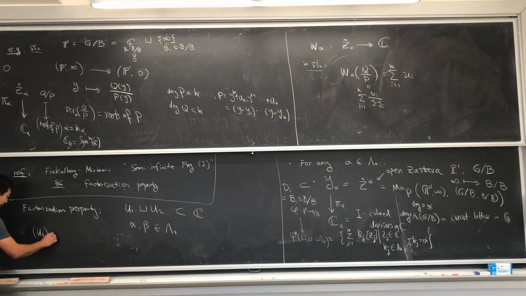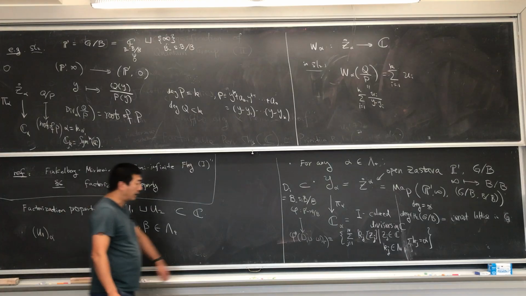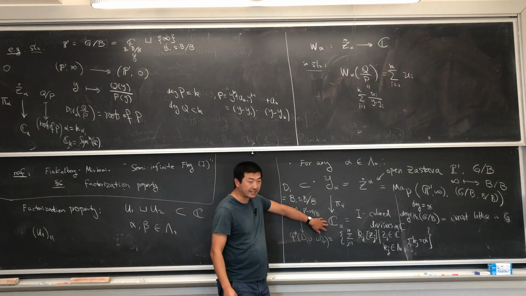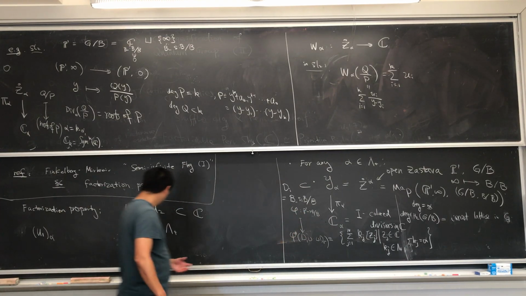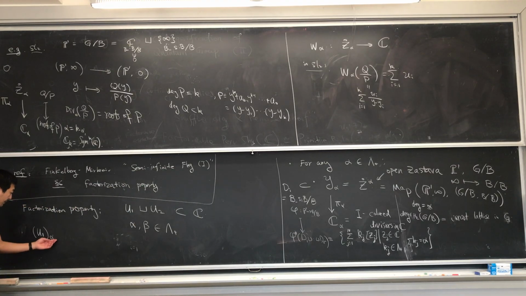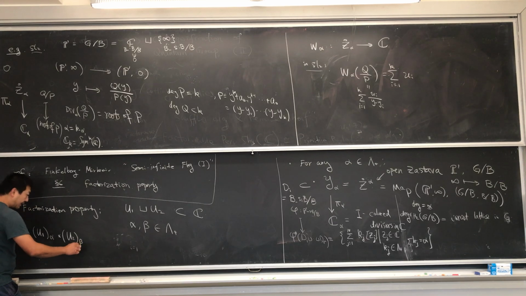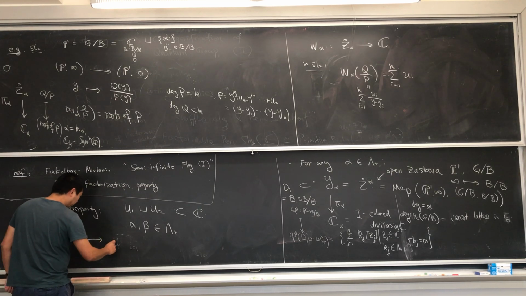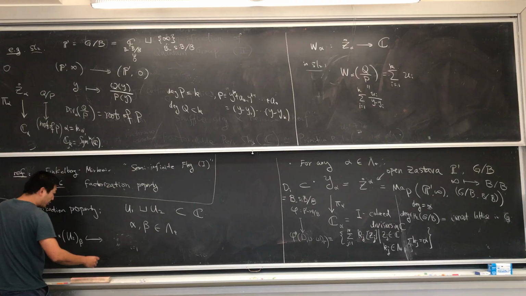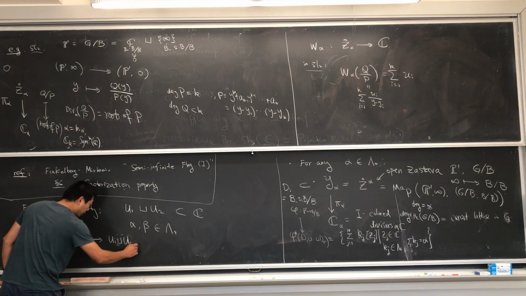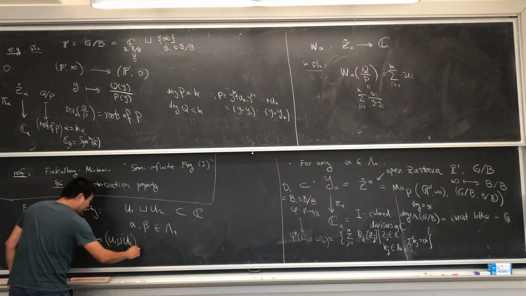So U1 alpha is basically a straightforward generalization of this: I put that many points, like a colored divisor with total weight alpha, inside U1. And U1 alpha times U2 beta naturally sits inside, because U1 and U2 are disjoint, the space of weight alpha plus beta.